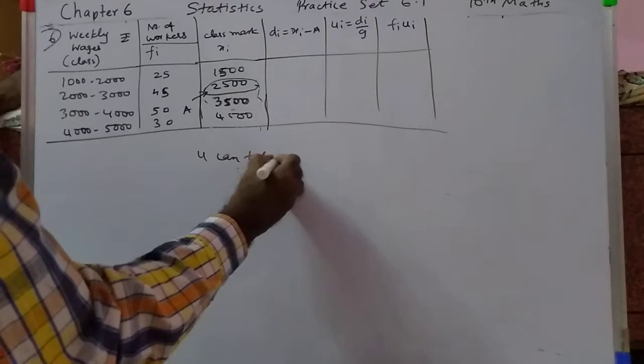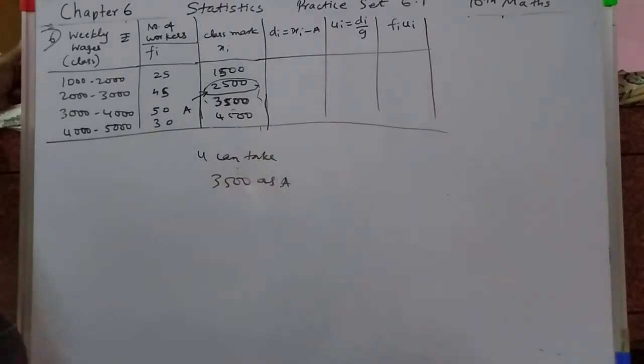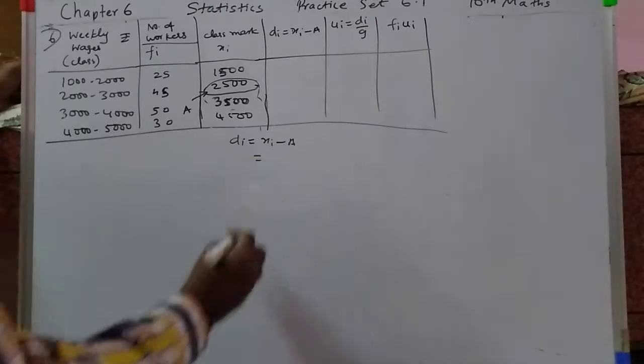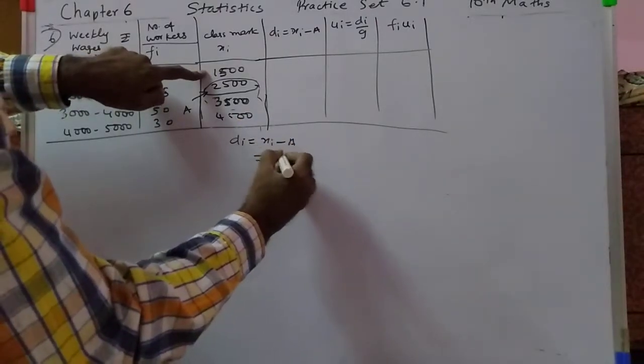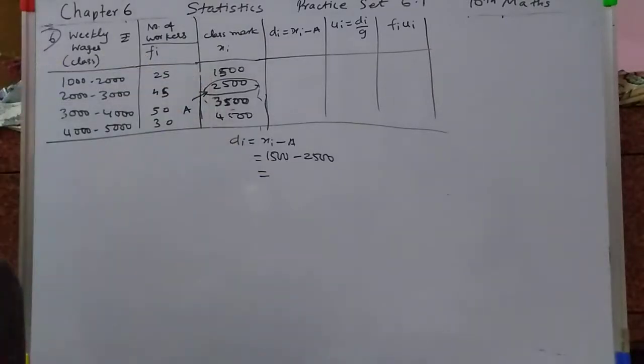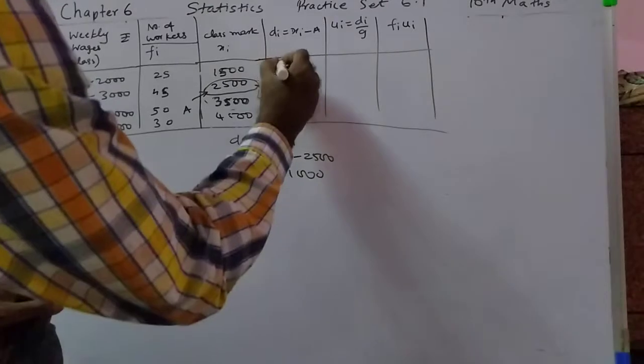You can take 2500 as A. Okay, you can take. I have to calculate di is equal to xi minus A. xi is given 1500 minus A is 2500. So that you will get minus 1000.